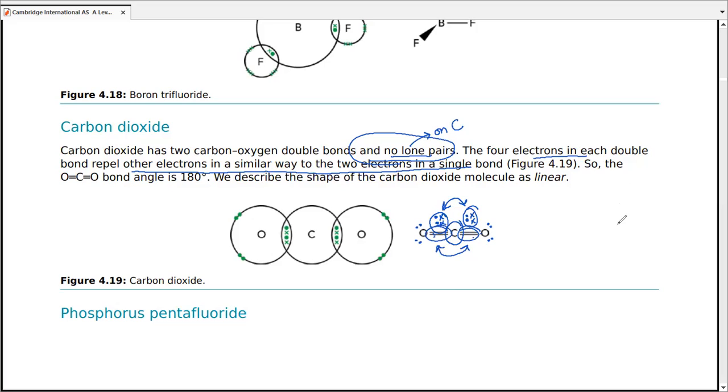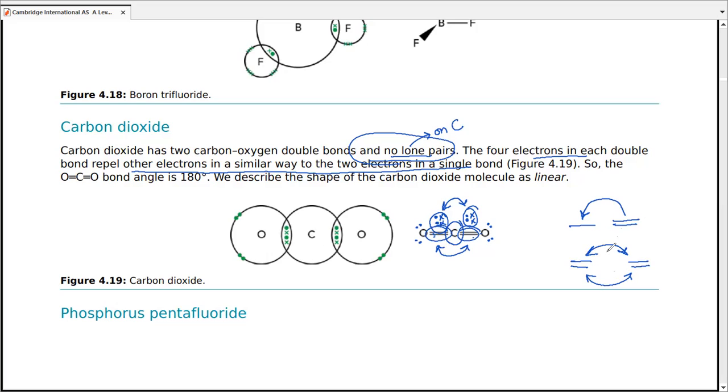What he's trying to say is, if there was a double bond and a single bond, the double bond would have repelled the single bond more. But since there are 2 double bonds, the repulsion from both sides would be equal, and we can consider them as single bonds. I mean, we can talk about the repulsion as pretty similar to that of a single bond. Although the strength of double bond repulsion is more than single bond, when there are 2 double bonds, we can consider them in the same way. I hope that makes sense. Does it?